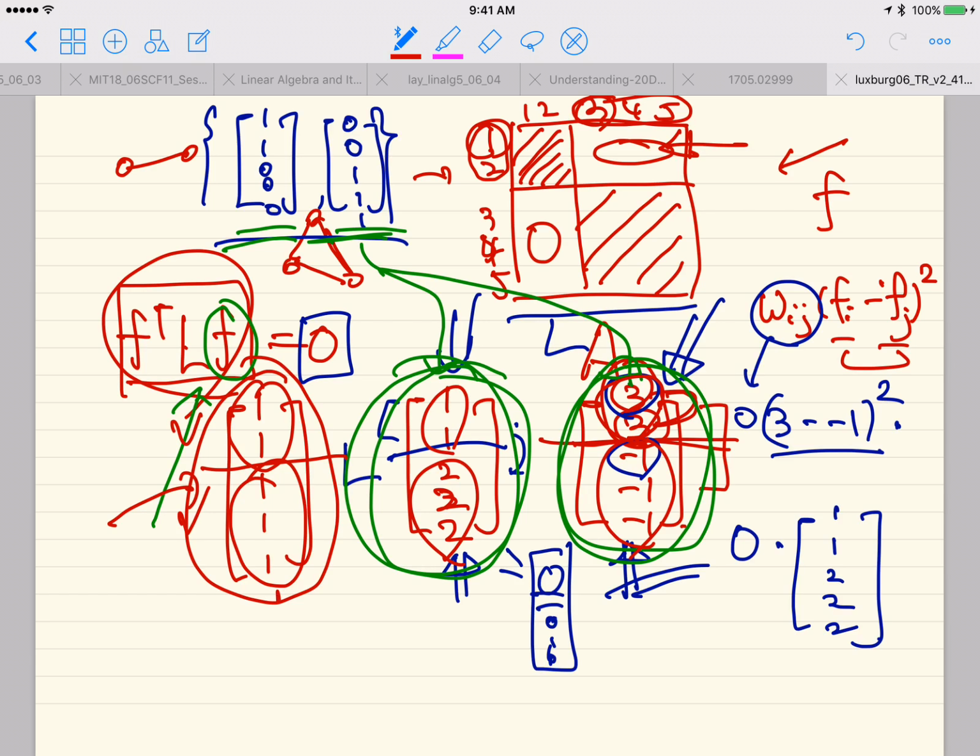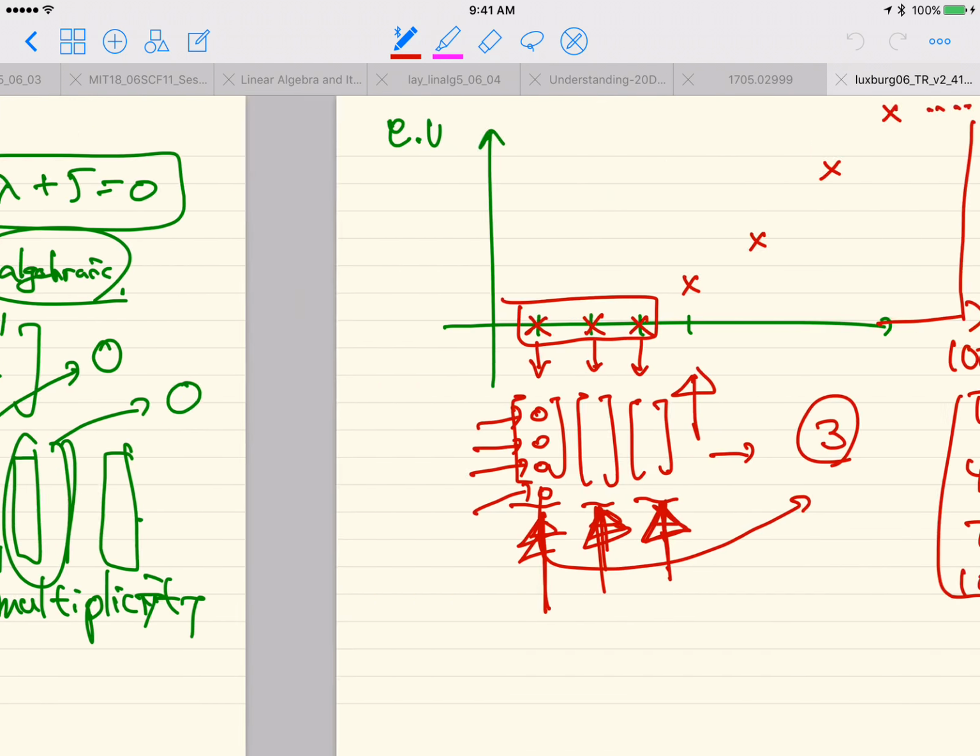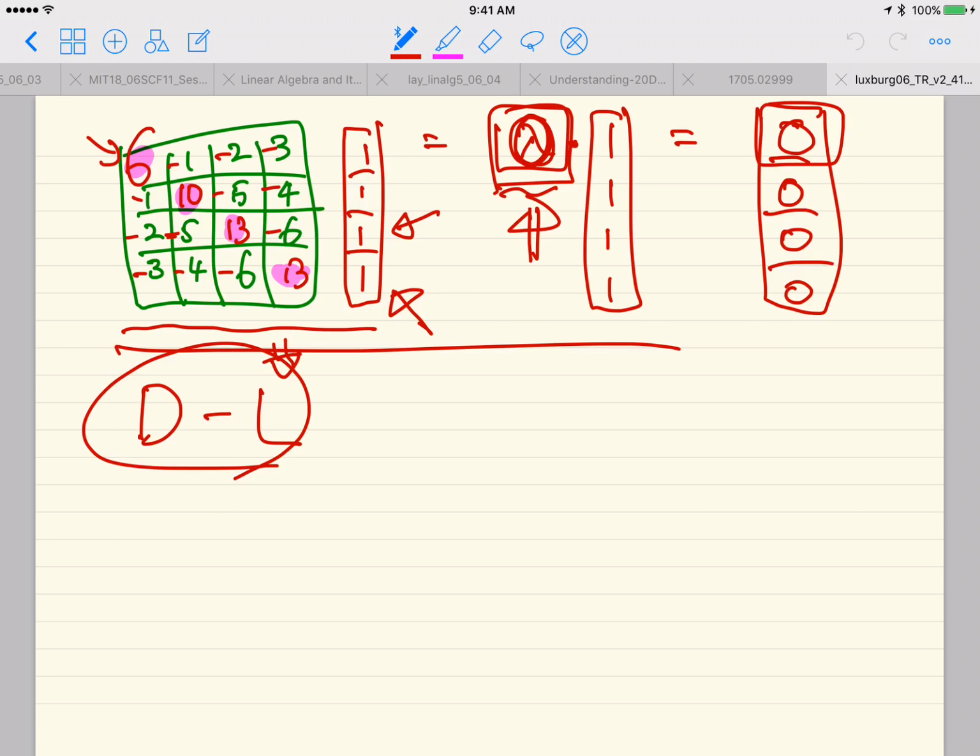So when looking at one of the eigenvectors, it can be something like this.